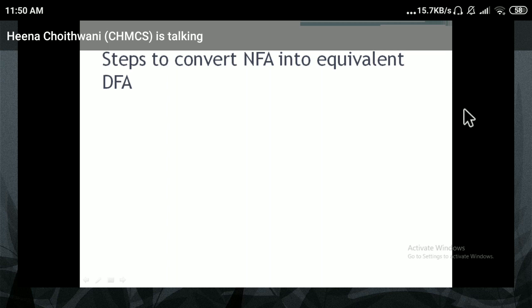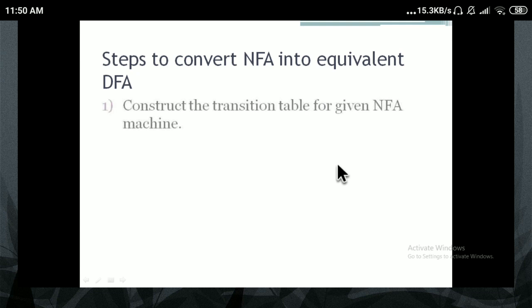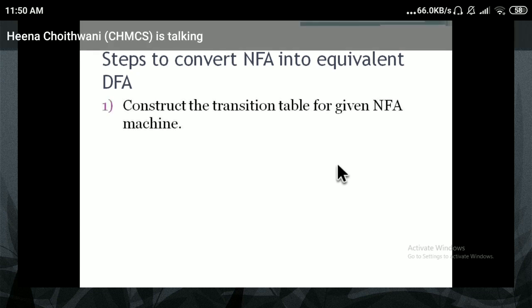So let's look at the steps first. The first step was to construct the transition table for the NFA machine, the transition table for the given automata.